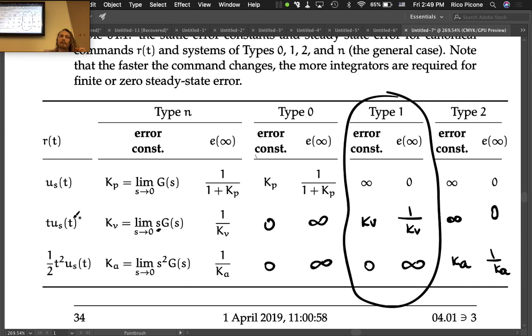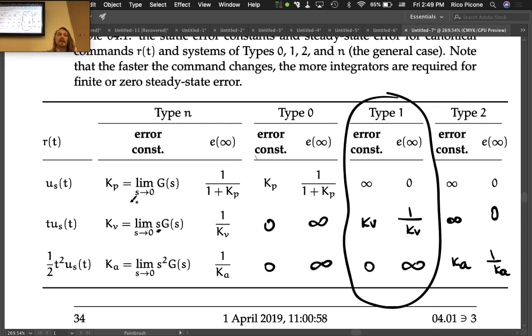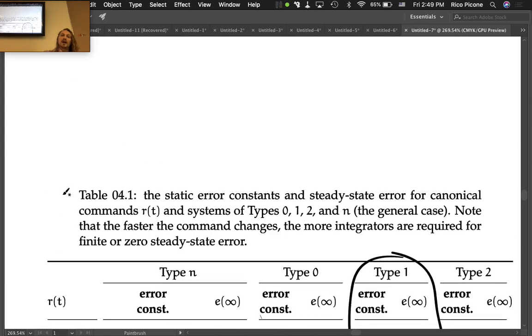So good. So let's look at a type 1 system with a unit step. We have infinite error constant and 0 steady state error, right? So we do need to make sure that we take into account superposition, which says that if you multiply the input, remember the command here was unit step, not 2 times the unit step.